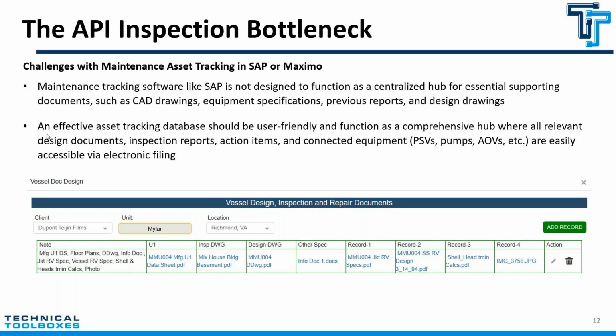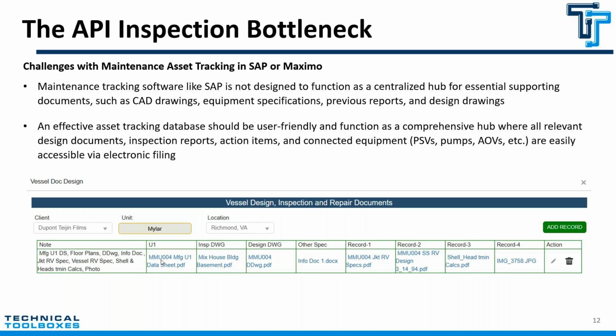An effective asset tracking database should be user-friendly and function as a comprehensive hub where all relevant design documents, inspection reports, action items, and connected equipment such as PSVs, relief valves, pumps, AOVs, etc., are easily accessible via electronic file. Here's just an example of how that would look.